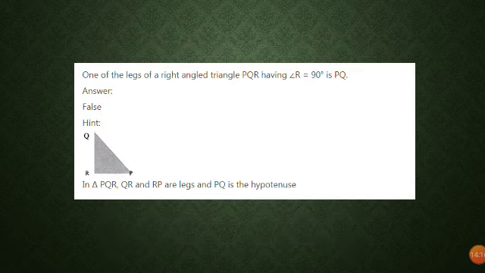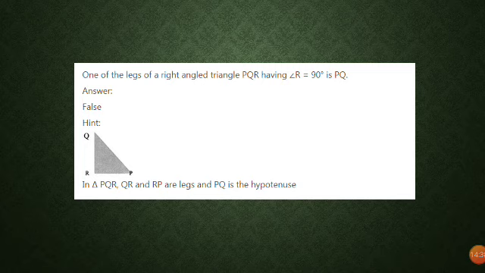One of the legs of a right angle triangle PQR having angle R equal to 90 degree is PQ. It is false. Why? In triangle PQR, QR and RP are the two legs.